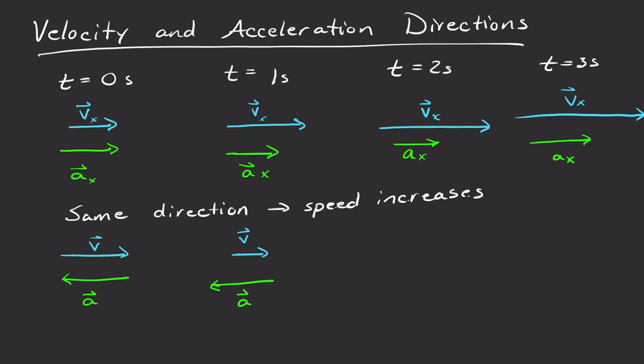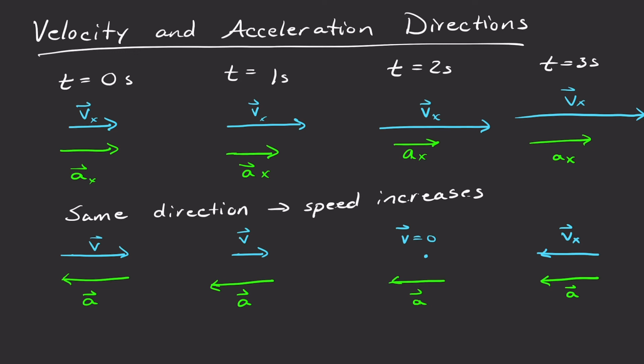And then if we keep accelerating to the left, eventually our velocity vector is going to be 0. Okay, we're going to stop. It looks like we're slowing down and we're eventually going to stop, but we keep accelerating. Okay, so now we're at a stop, but we accelerate to the left. So now our velocity is to the left.